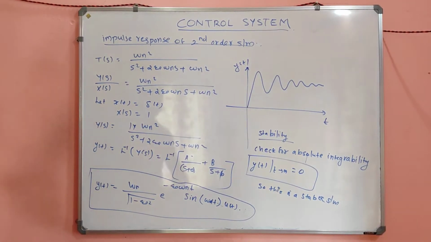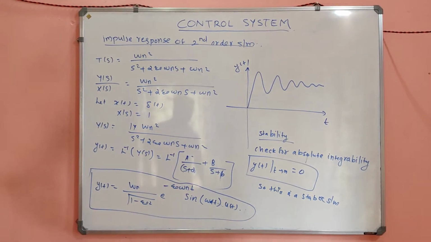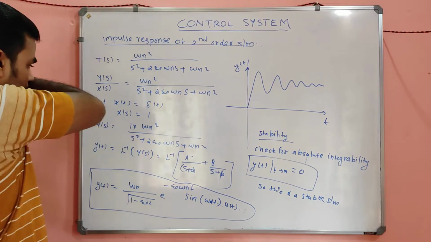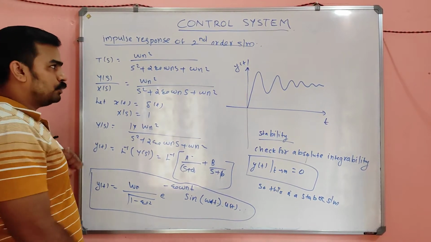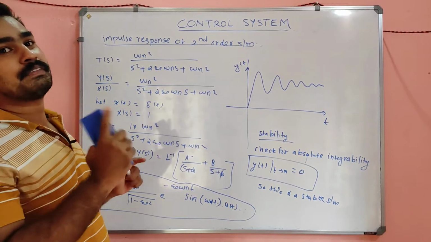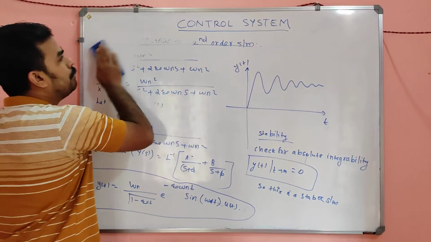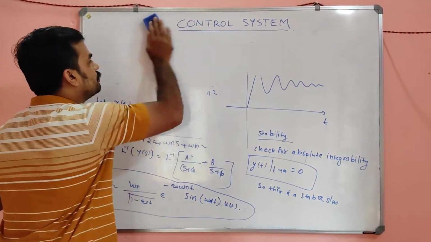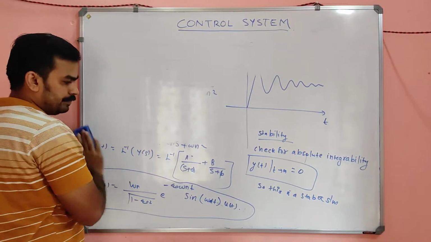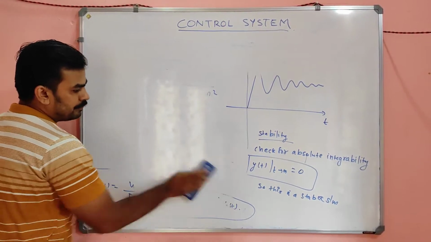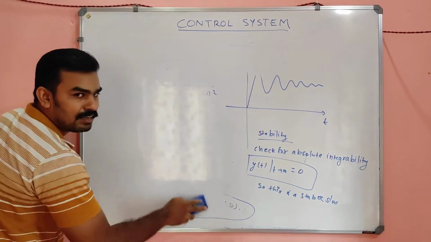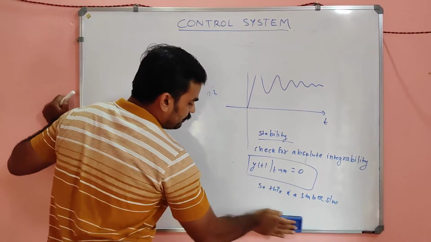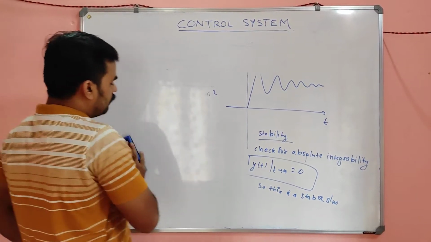So in these two ways you can check the stability of the system. Is it clear? So now you got the impulse response of the second order system. Only this output equation y of t you have to remember.